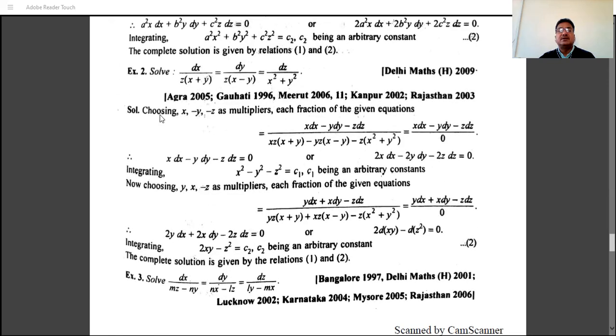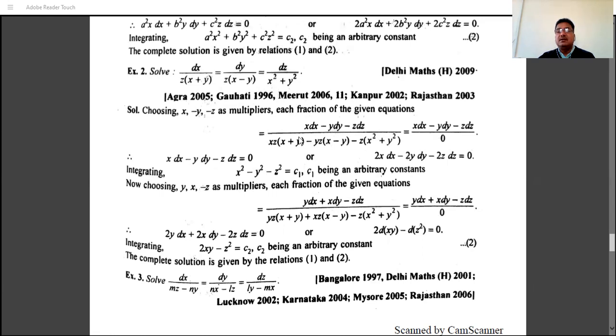Then choose the multipliers x, minus y, minus z. By using the trial and error method, find these multipliers such that LP plus MQ plus NR is equal to 0. So each ratio is equal to x dx minus y dy minus z dz divided by the denominator, multiplying by x, minus y, and minus z.